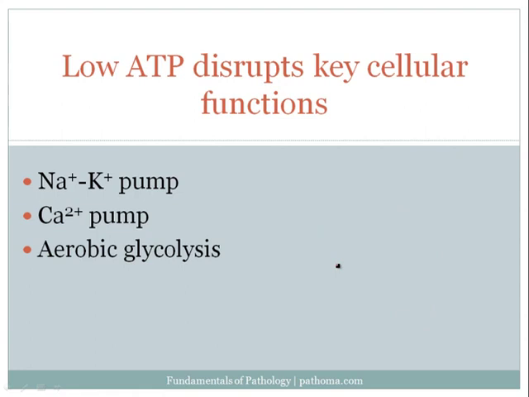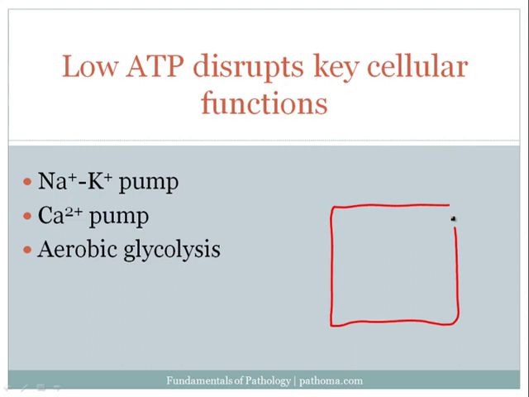Now, let me just tell you one general principle about calcium in the cell, and that is the goal of the cell is to maintain a super low concentration of calcium within the cytosol. The calcium in the cytosol is very, very low. The calcium can get pushed out into the blood, it can get hidden in the mitochondria, it can get hidden in the endoplasmic reticulum, but within the cytosol itself, calcium concentration is kept very low, and it's done using an ATP-dependent pump.